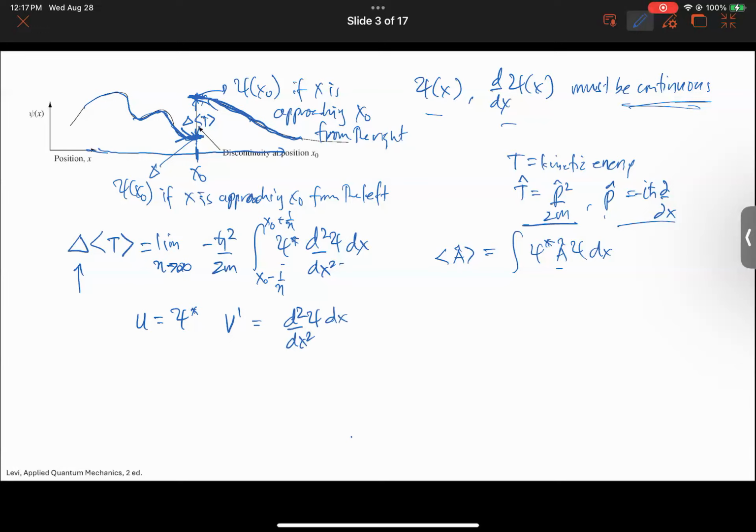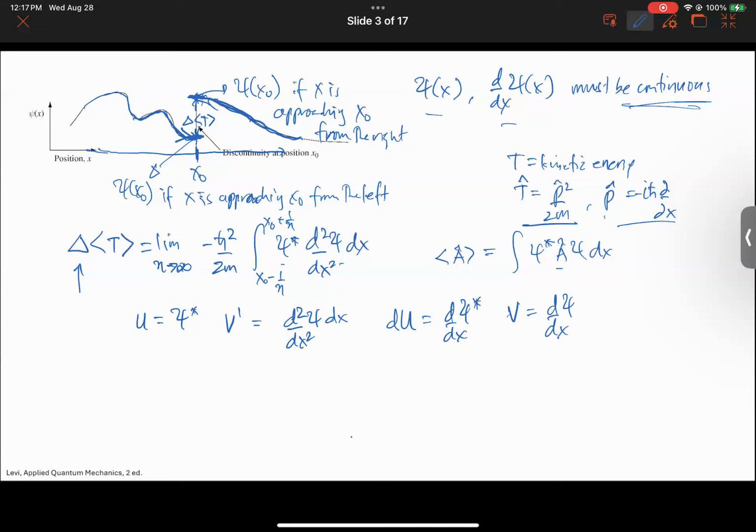Then ibig sabihin ang du is equal to d dx psi star, and then ang v ay equal sa first derivative ng psi, d psi dx.